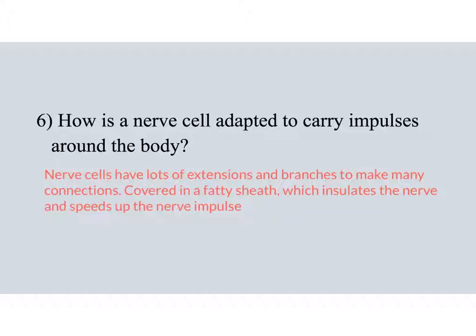Question 6. How is a nerve cell adapted to carry impulses around the body? Nerve cells have lots of extensions and branches to make many connections. They are covered in a fatty sheath which insulates the nerve and speeds up the nerve impulse.